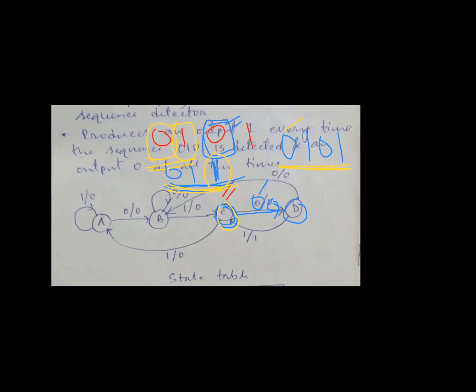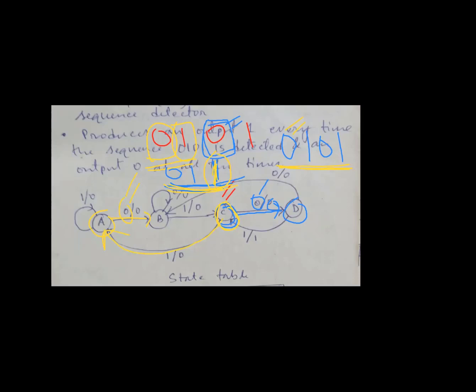Because when this input is 1 over C, our sequence is completely destroyed. To get back the sequence, we have to start again with 0, and 0 is emitting from A. That's why when we are over C and input is 1, we go back to A.